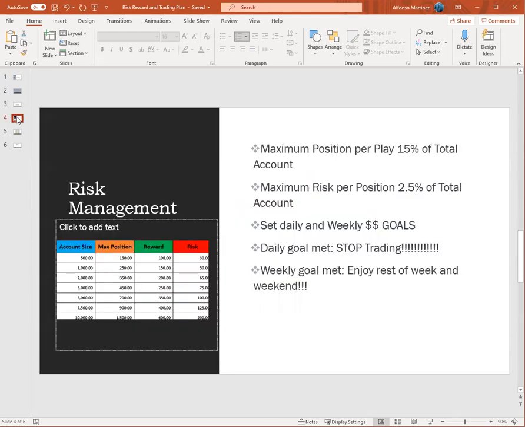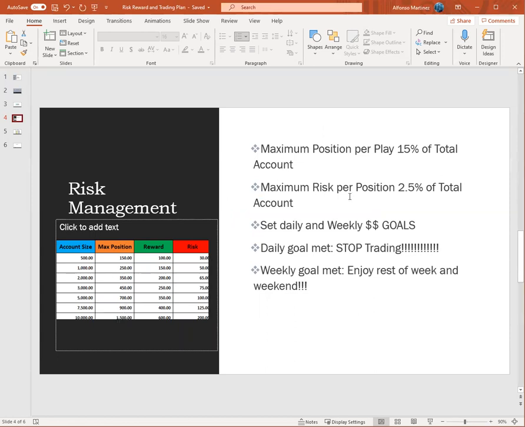In the next one here, we have the same table that I showed you before. And for those who have more than 10,000 or are in between these numbers, it is very simple. Maximum position per play is the equivalent of 15% of your total account. For $10,000, 15% is 1,500.